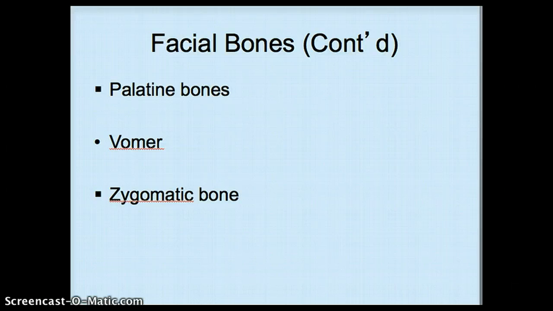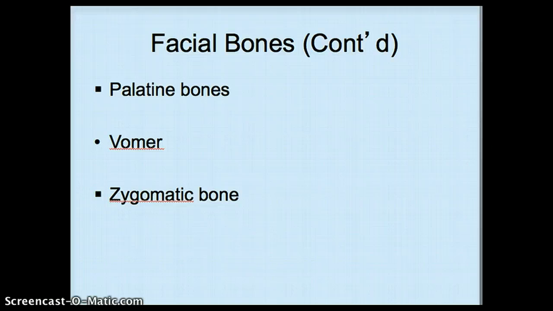The palatine bones, these provide the rest of the hard palate. So the posterior 1/4 of the hard palate is made up of the horizontal plate of the palatine bone. The vomer bone makes up part of the nasal septum.